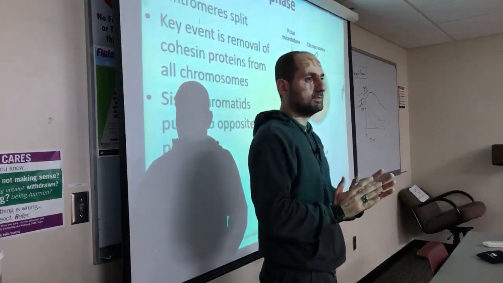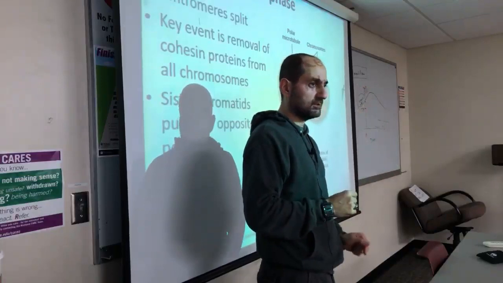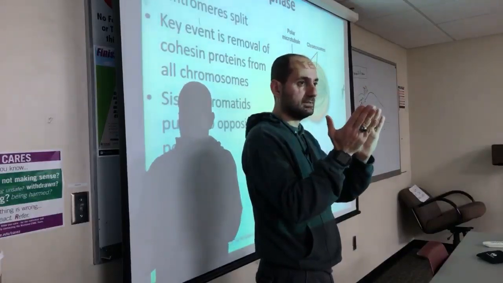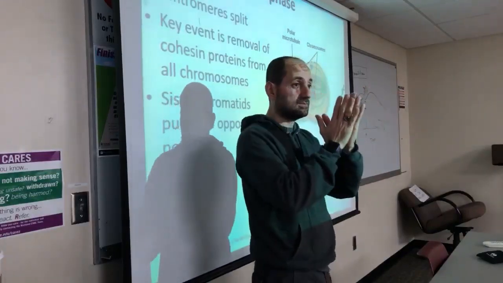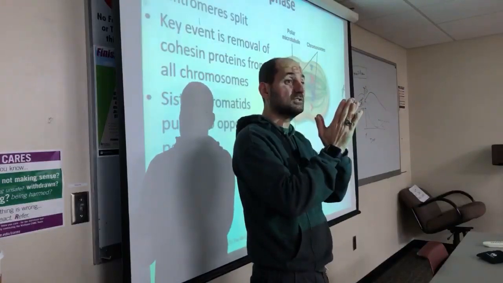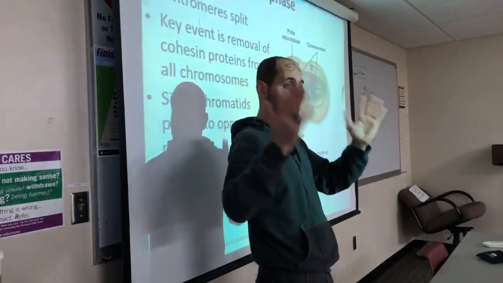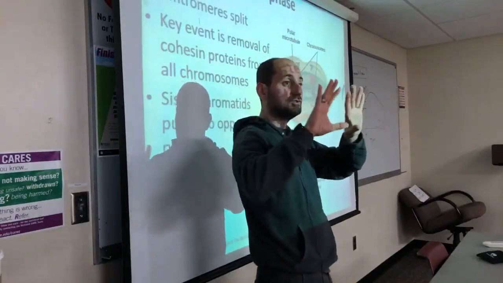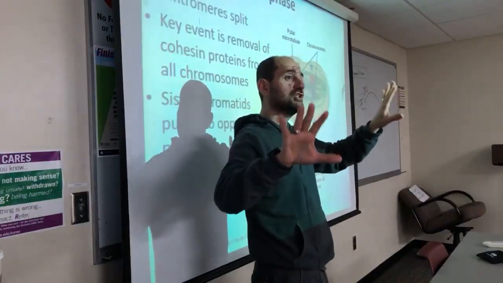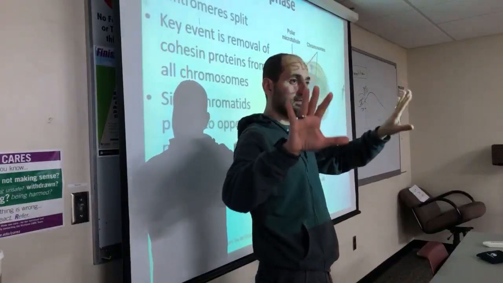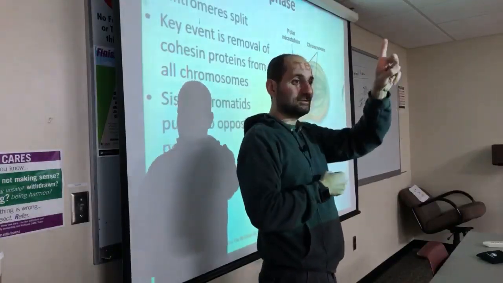All you did was copy every single chromosome, make an identical copy. And then what you're doing now is sending one copy one way and another identical copy the other way. So you're going to make two identical genomes. The two daughter cells are going to be genetically identical to each other and to the original cell that made them.